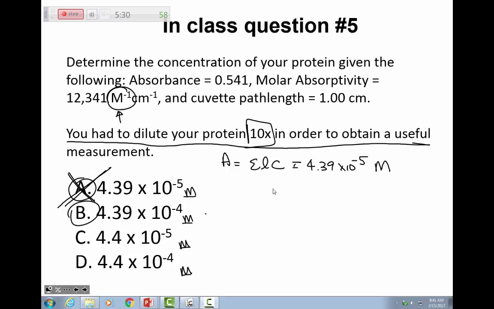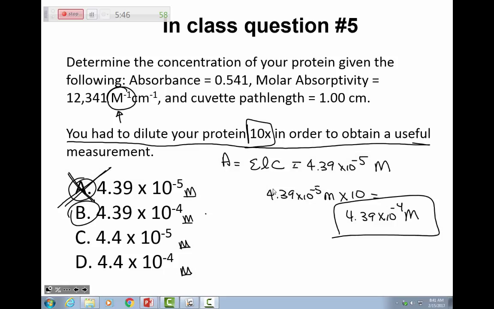So my answer is B. 4.39 times 10 to the negative 5th molar times 10 equals 4.39 times 10 to the negative 4th molar. I diluted it, so when I go back to find the original concentration, I have to multiply by 10. All right, let's talk about the other method.